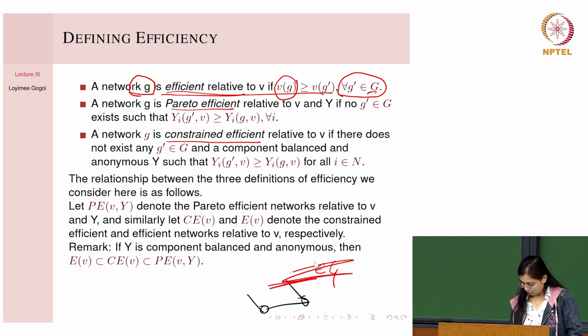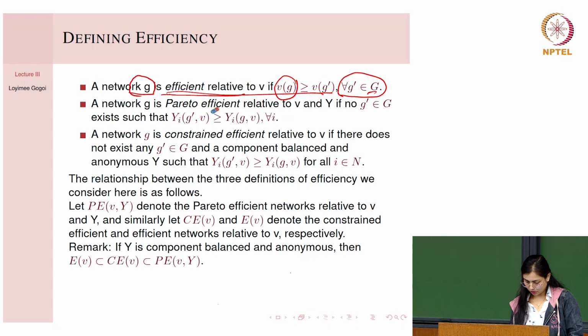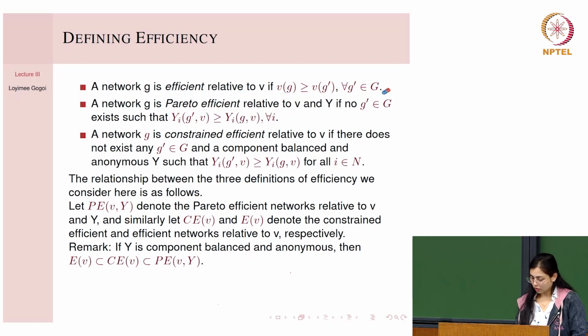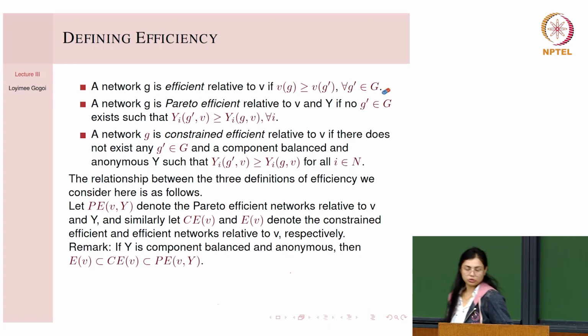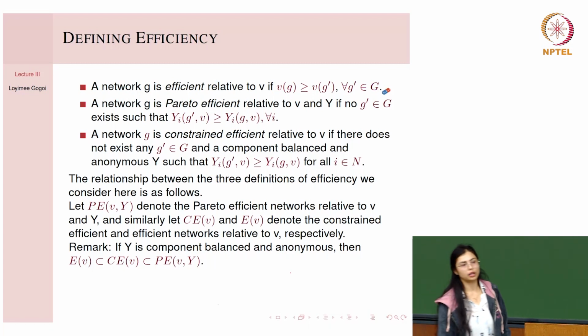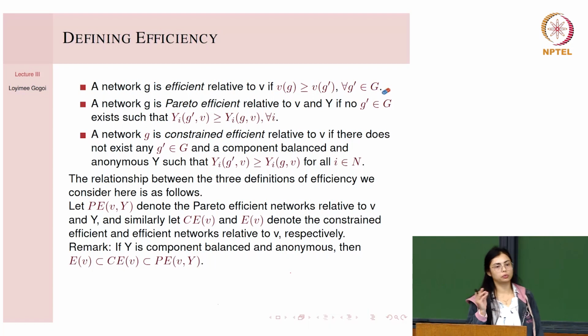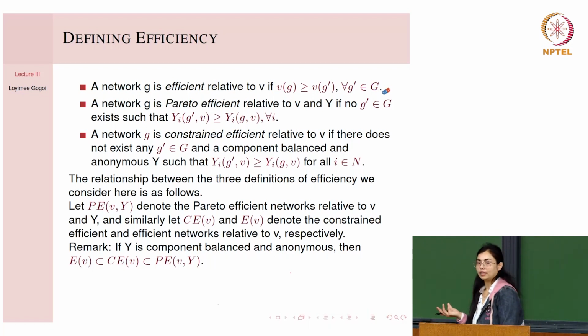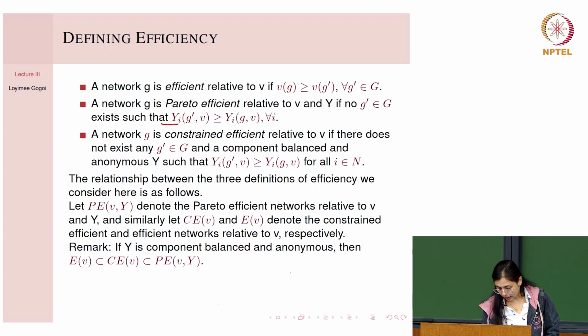Next is Pareto efficiency. So what is Pareto efficiency? Pareto efficiency is also associated with the allocation. Efficiency is only associated with the value of the game, but Pareto efficiency is also associated with the allocation rule.